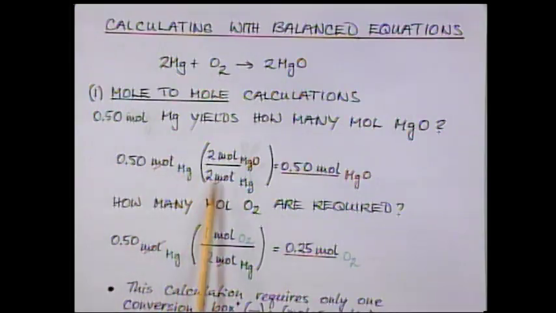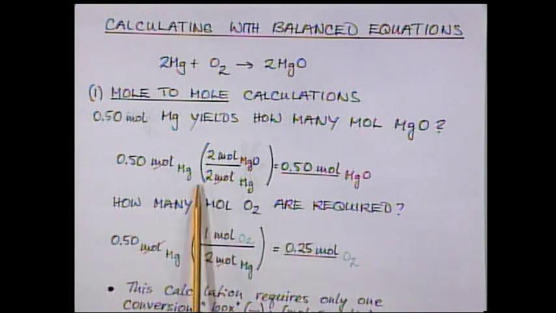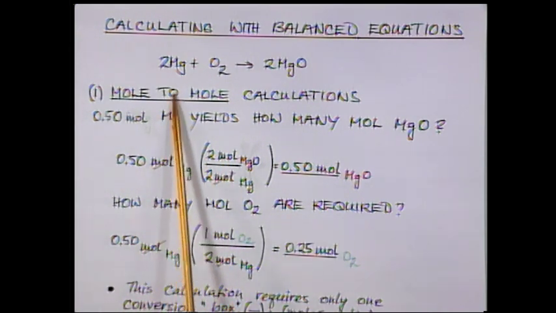So here we have mole magnesium, and the ratio according to the equation is 2 moles of magnesium yield 2 moles of magnesium oxide, which is actually a 1-to-1 ratio. Now if you compare that to oxygen, it would be different. But remember, you're only looking at the 2 chemicals that you want to discuss, so you only need that ratio for them.